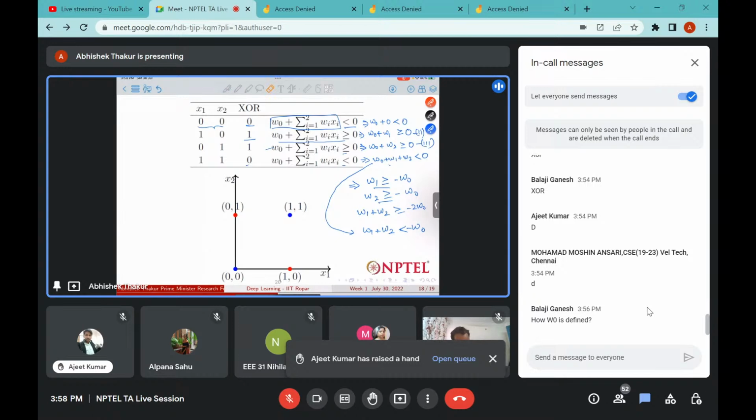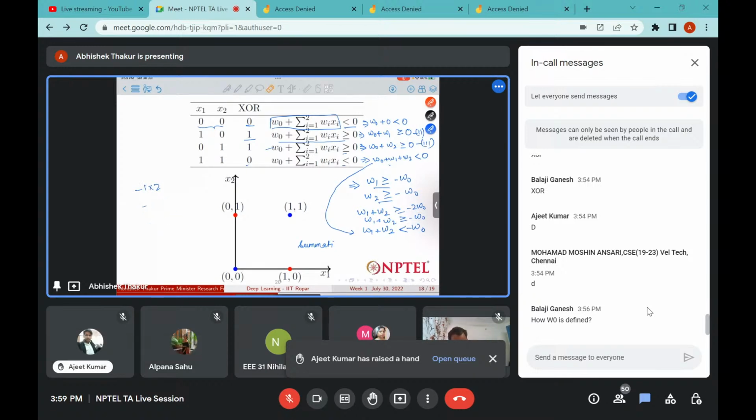So the summation of equations 2 and 3, because if W1 plus W2 is greater than minus 2 W naught, then obviously it will be greater than minus W naught, because minus 2 W naught is lesser than minus W naught. Okay, because see, if any number is minus 1 and you multiply it by 2, it will become minus 2. So minus 1 is greater than minus 2.